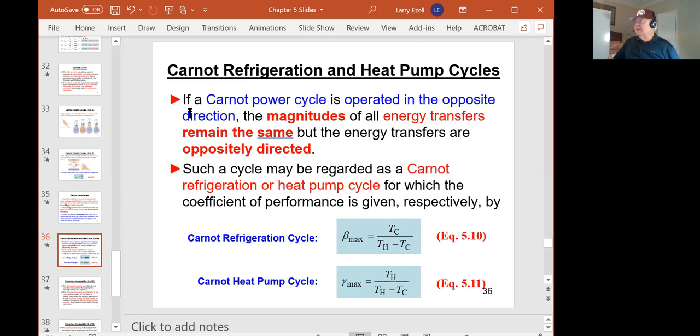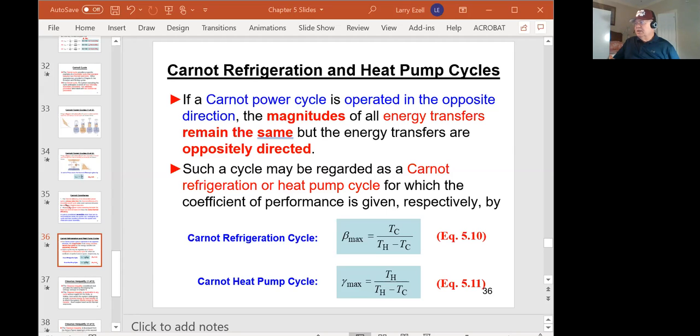Now let me see if I can get back to the refrigeration cycle. We have four components, very similar to the power cycle. But in a refrigeration cycle, heat is going in the opposite direction.